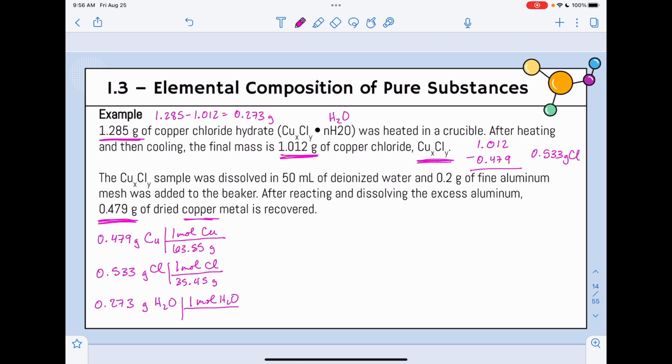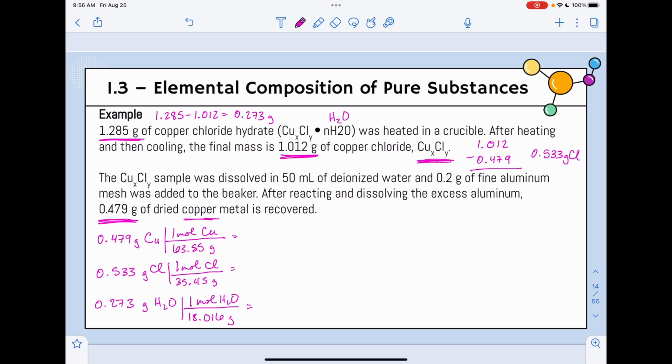The periodic table says hydrogen is 1.008, so 1.008 times 2 plus 16 gets me 18.016 grams.